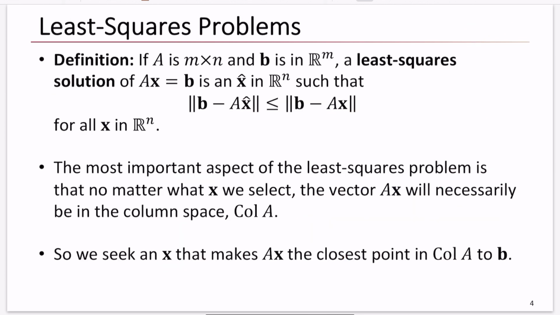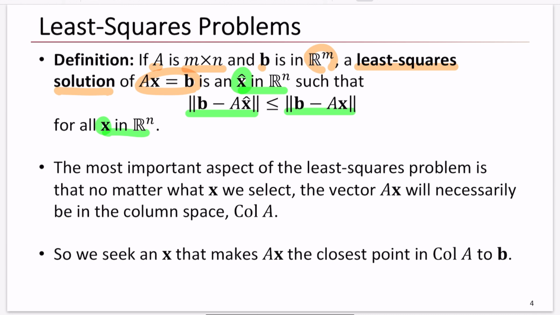Least square solution, definition: if matrix A is an m by n matrix and b is in R^m, the least square solution of Ax equals b is an x hat in R^n such that the norm of b minus Ax hat is smaller than or equal to the norm of b minus Ax for all x in R^n.